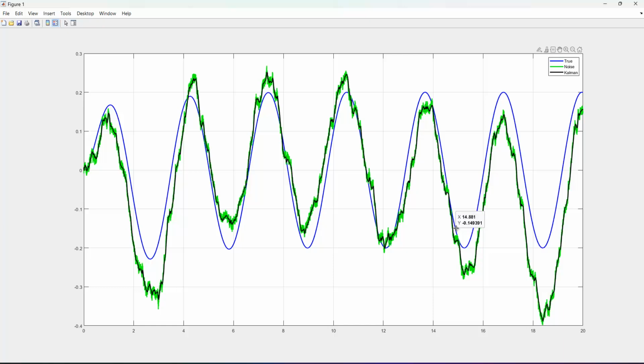Okay, so this is the ideal response, but we measure from the physical system the green line. But this green line from the Kalman is converted into the black line. See that all the coefficients or values are removed from the noise values in here.